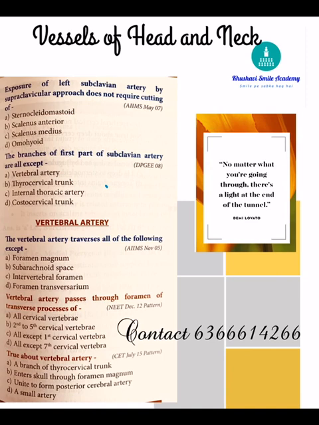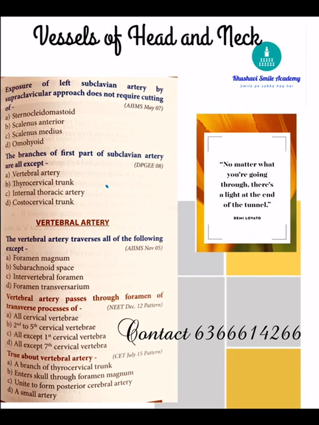Okay, these are the few MCQs. You just have to know the basics first. What is the common carotid artery, how it arises from the arch of aorta, at which level it bifurcates into the internal and external carotid arteries, then the branches of the external carotid artery, then the branches of the internal carotid artery. Which part does not divide further, having no branches, that is the cervical one. Then petrous is again divided, then cavernous, meningeal, superior and inferior hypophyseal.